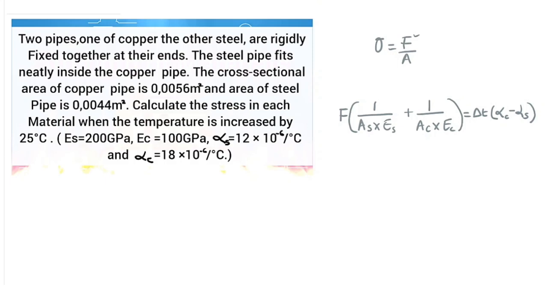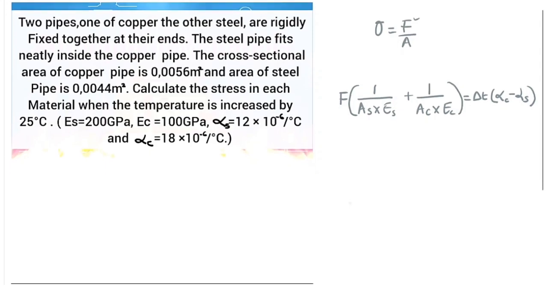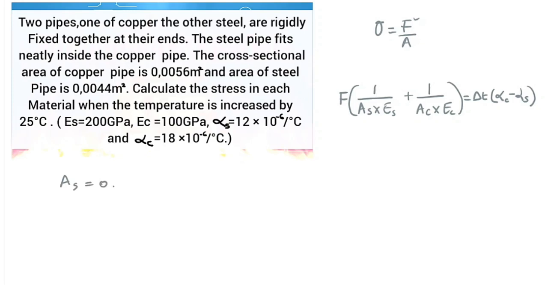Then let us calculate the force here. Before we calculate the force, let us extract the data that we have. Here we have the area for steel, 0.0044 meters squared.